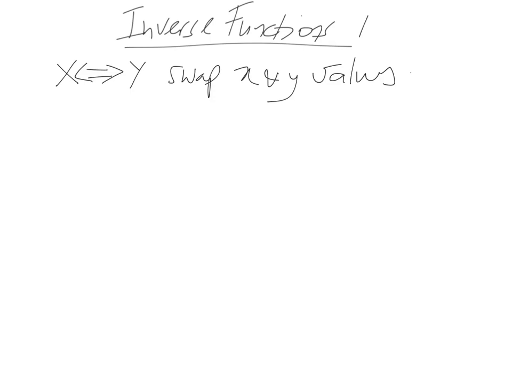And that's it. So let's say we had something that looked like this. We would swap all the x and y values and it would look something like this. And what would end up happening is it would intersect at the line where y equals x.